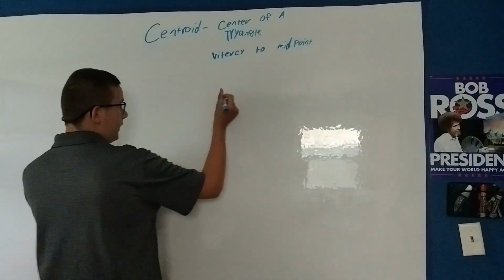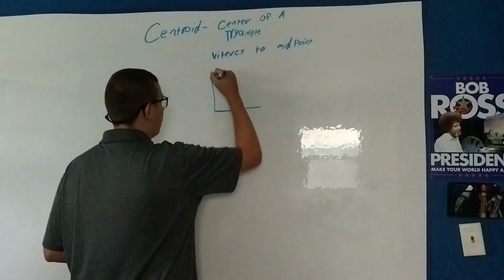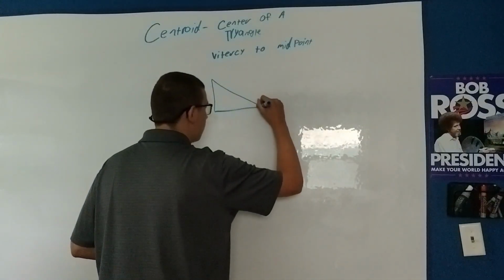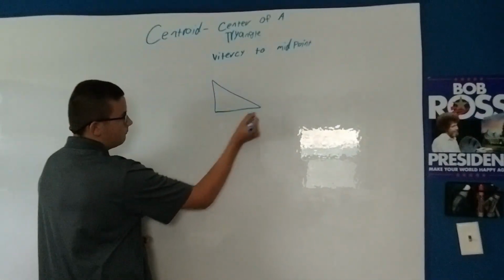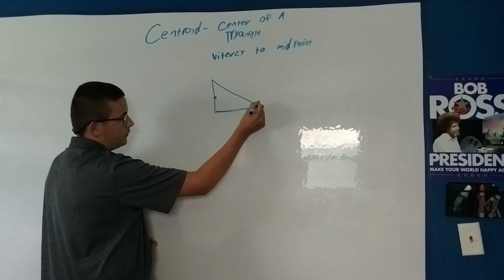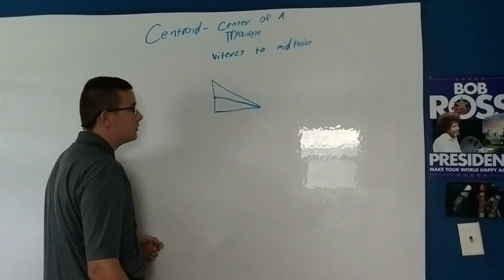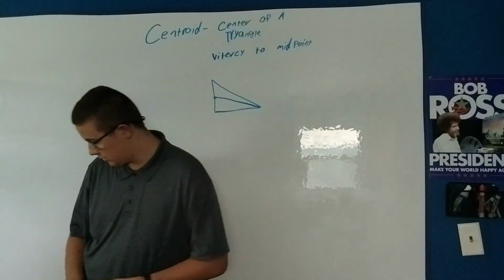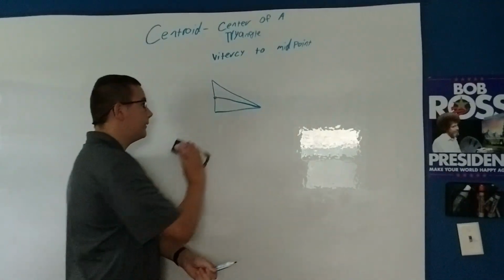So what that would look like, and I'm just going to do a quick demonstration here, we'll get into all of them in a minute. That would look like this vertice here to the opposite midpoint. We'll say the midpoint's there. This vertice, a line connecting those, like that. So that is the centroid.